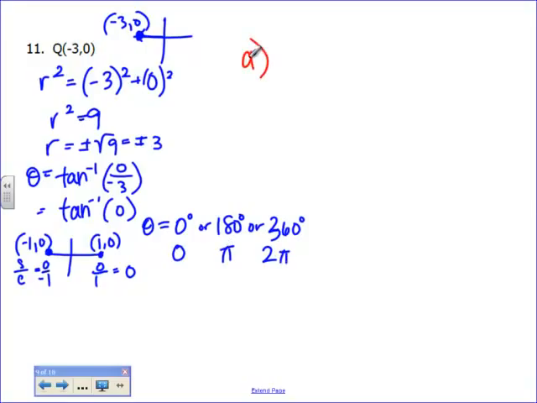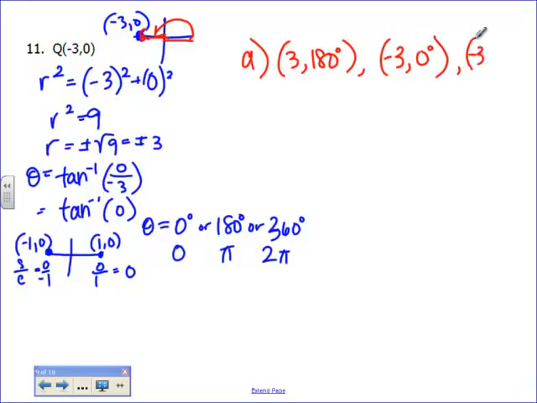Part A asked you for all the degree possibilities. Okay, if I go +3, then I'd have to rotate a positive 180 degrees. If I go -3, I'd have to rotate, well, -3, that means I'd rotate nothing, 0 degrees, or a full lap, 360.